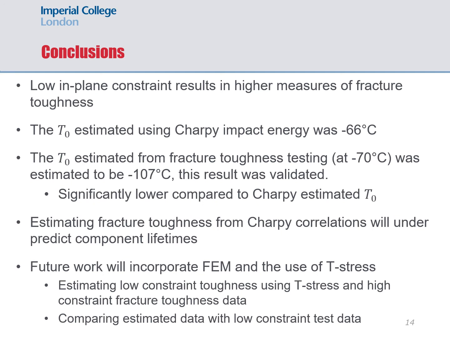This result was validated. The T0 value estimated using fracture toughness data was significantly lower than that predicted using Charpy estimations. This means that predicting fracture toughness from Charpy correlations will significantly underpredict component lifetimes.